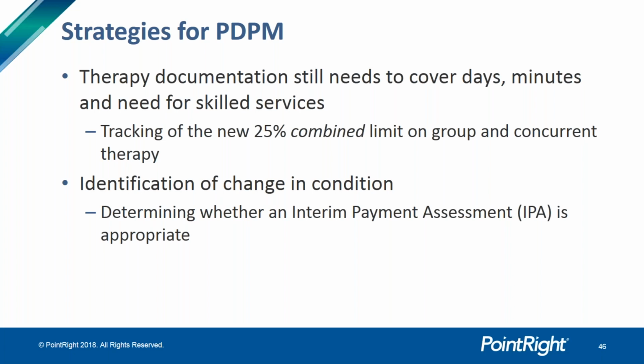The reason for that is because CMS will be tracking how therapies are delivered, and they're looking at a combined limit on group and concurrent therapy of 25%. So if you're delivering services that aren't one-on-one, aren't individual therapy services, but you think you're going to be moving to a group and concurrent methodology or delivery of services, which is very appropriate, just know that they're going to be tracking that 25% rating.